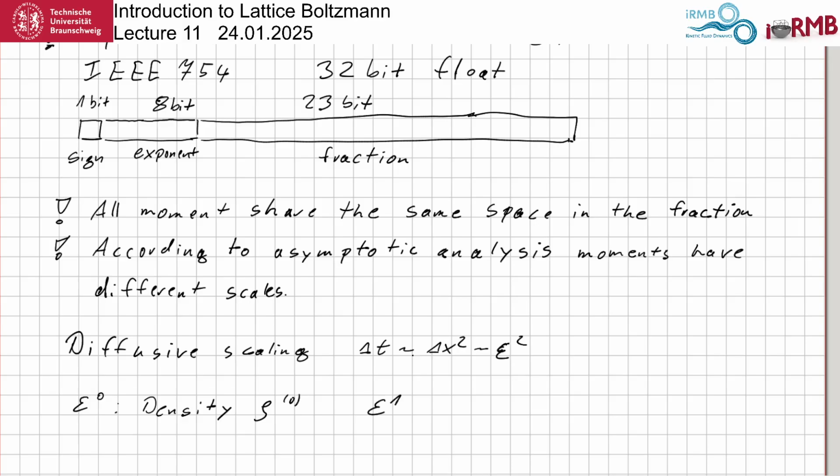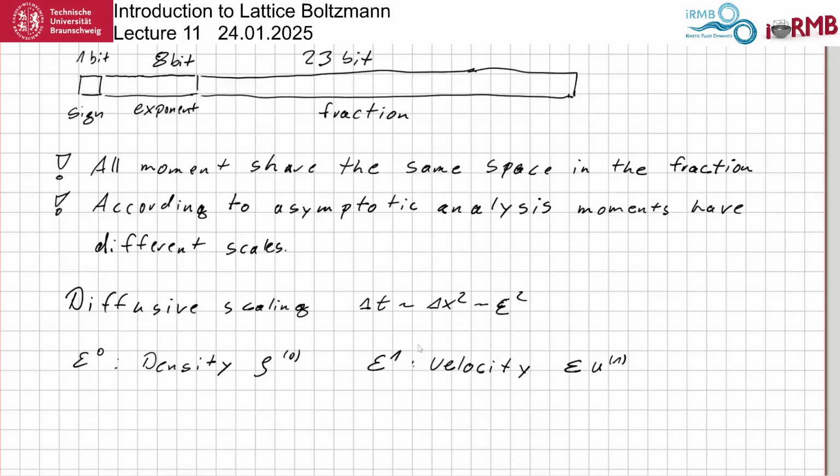At epsilon to the power of 1, we have velocity: epsilon times u, first order of velocity. At epsilon squared, we have things like pressure, and also things like the stress, which I'm not writing now.